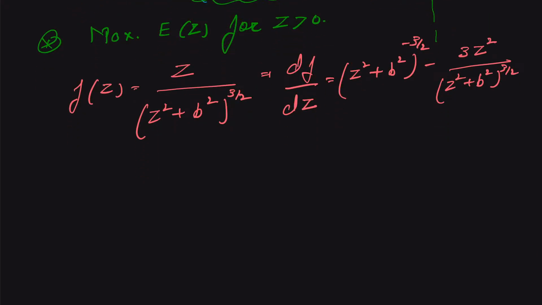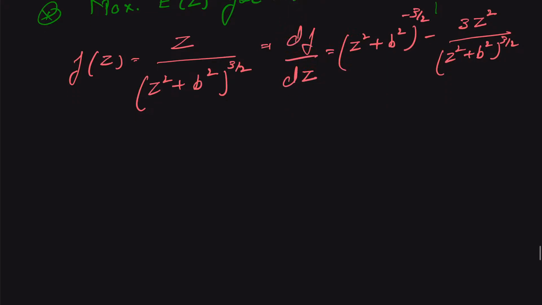And we can just make a minor adjustment. So we get df upon dz will be equal to, and this is minus, so we take it as positive.